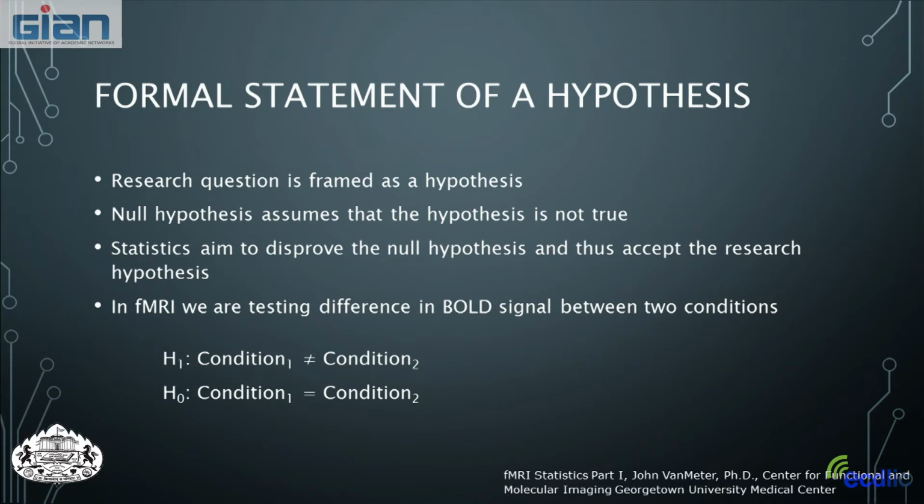So our research is going to be framed as a hypothesis. So the null hypothesis assumes that whatever's happening is not true. So here might be our questions that we're going to ask, okay? That condition 1 equals condition 2. So the voxel during looking at a happy face is equal to the brain looking at a neutral face.